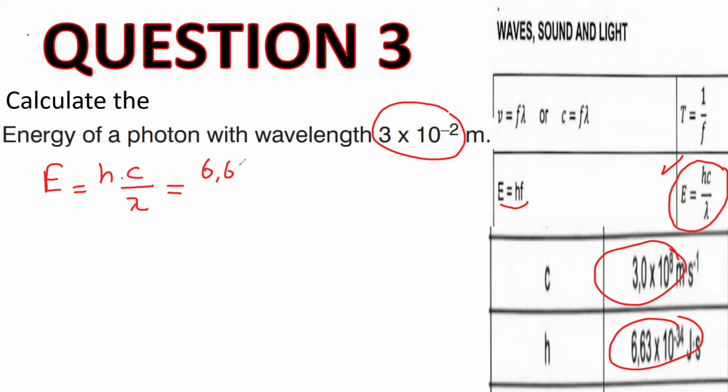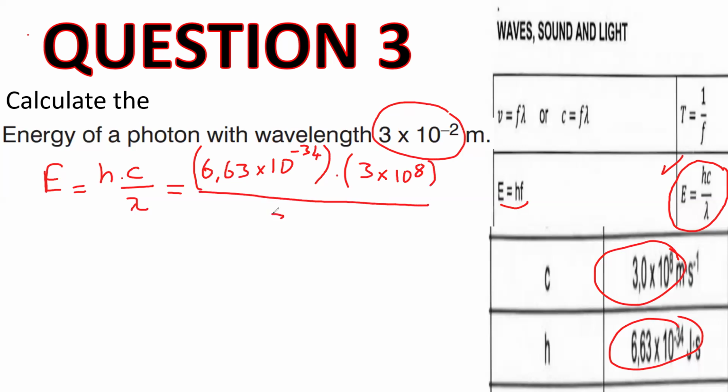So 6.63 times 10 to the power of negative 34 times the speed of light, 3 times 10 to the power of 8, over 3 times 10 to the power of negative 2. When you calculate all these things, energy equals 6.63 times 10 to the power of negative 24 joules.